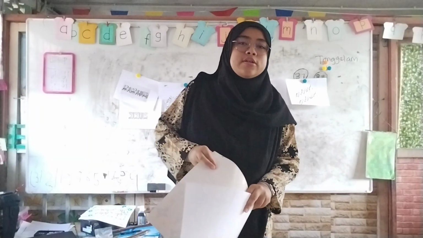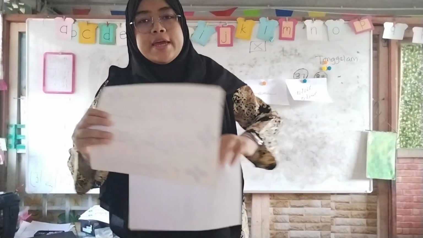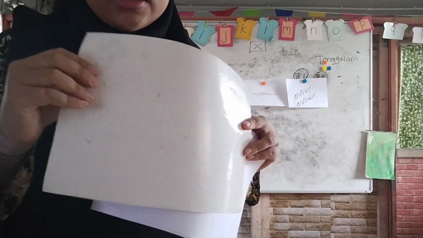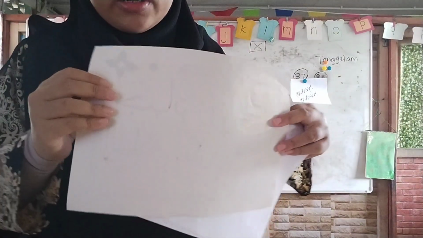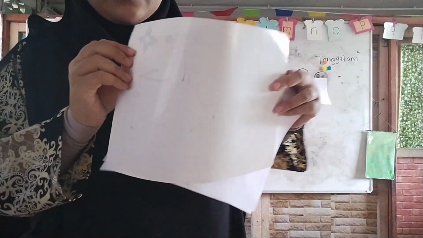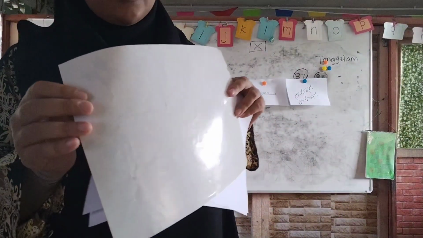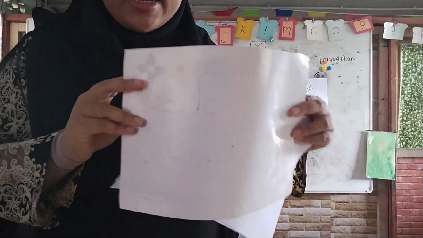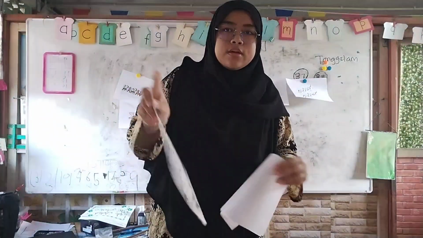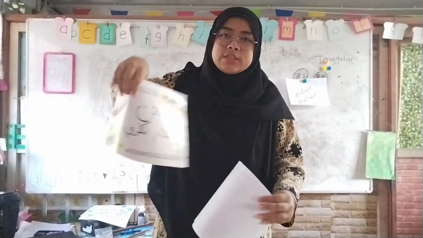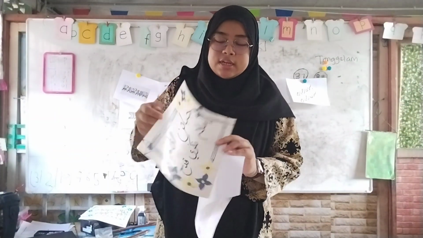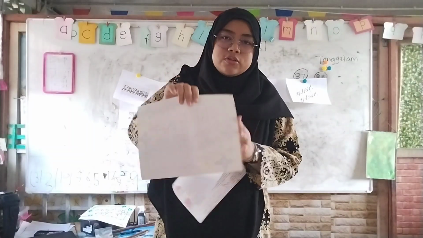This is the plain paper. The texture is smooth, not like the paper that we usually use in class. Okay. When I was in primary school, I always made practice using this paper.